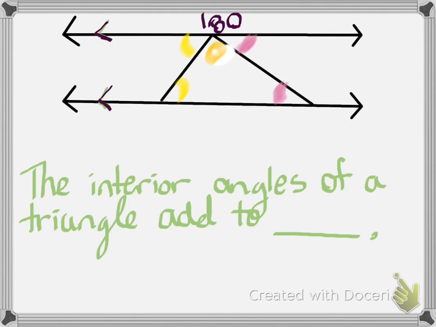Then the yellow piece plus the pink piece plus this piece right here also needs to be 180 degrees. And that's a basic proof for the angles of a triangle adding up to 180 degrees. You can prove it with a straight line.